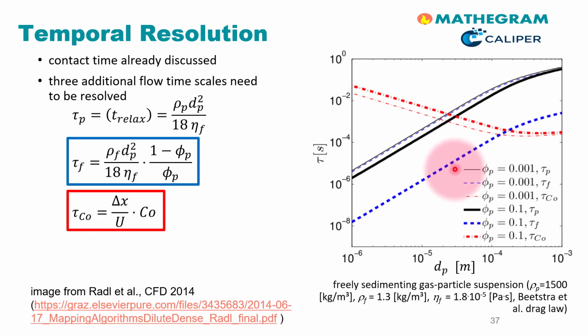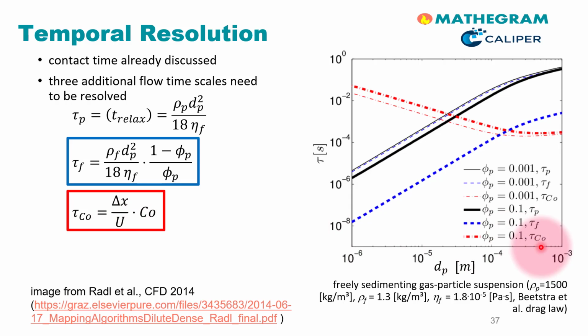Note that U is here calculated from a freely sedimenting gas particle suspension with properties defined in the figure caption. Delta X is the grid resolution, which is approximately 2 times the particle size dp. Tau CO is the limiting timescale for larger particles, simply because the velocity scale U is becoming larger when increasing particle size.